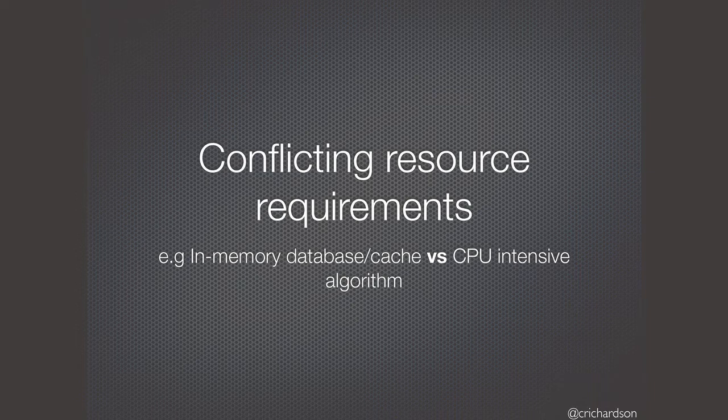Another practical thing is that different parts of your application might have different scalability or conflicting resource requirements. You could have a very memory-intensive in-memory database or cache in one module, but then you might also have some CPU-intensive calculations, cryptography, image processing, or something like that.